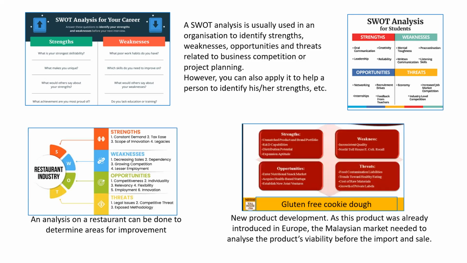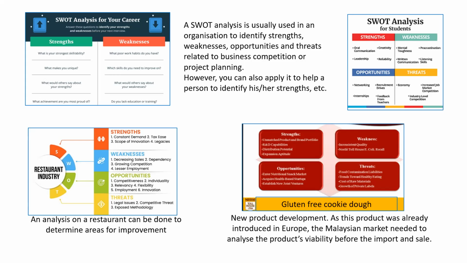You can do a SWOT analysis when you're doing new product development, or introducing something new and you're not sure whether it is going to be acceptable to customers, students, or your peers.